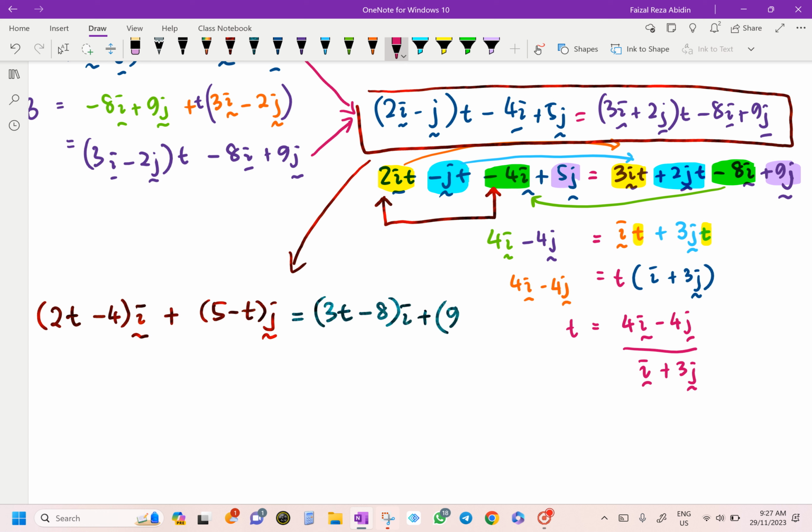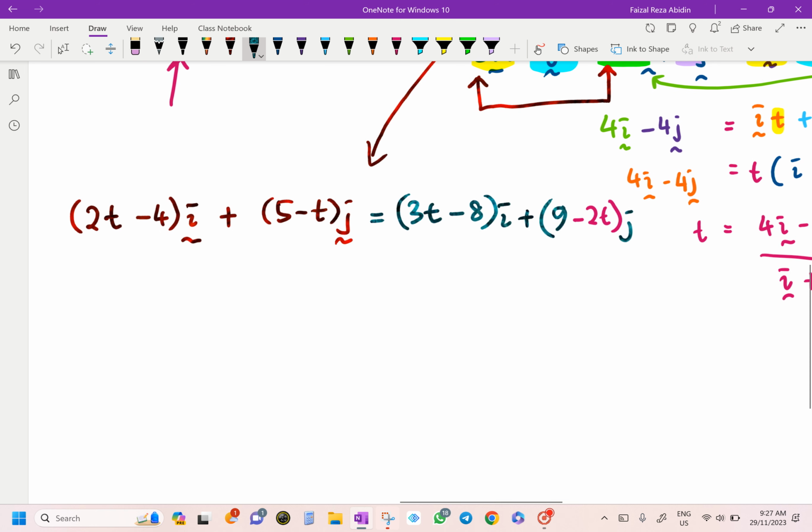Ni, nampak tak saya salah apa ni? Tu minus kan? Saya buat plus. Nampak tak? Minus. Sorry. 9 minus 2t j. Okay. So, baru dia selesaikan dekat sini.